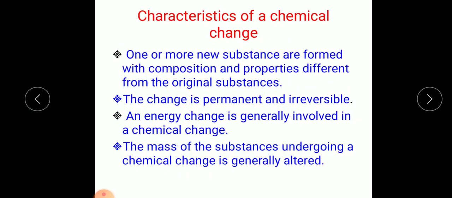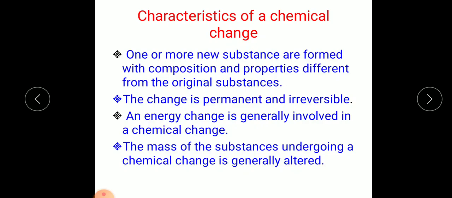Characteristics of a chemical change. One or more new substances are formed with composition and properties different from the original substances. The second one, the change is permanent and irreversible. An energy change is generally involved in a chemical change. The mass of the substance undergoing a chemical change is generally altered.